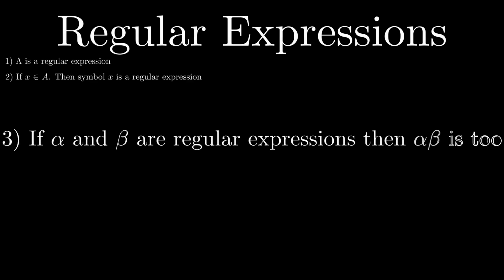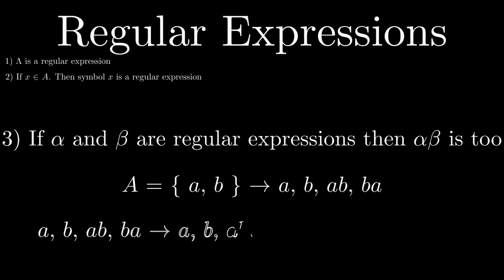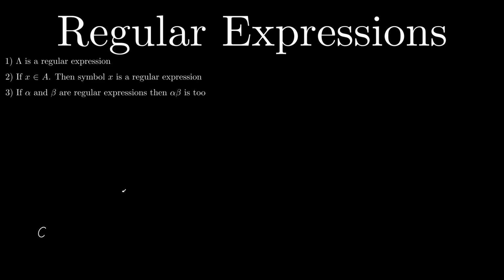Third, if we have 2 regular expressions, their concatenation is also a regular expression. So our alphabet of A and B can define AB or BA by combining our symbols. AB and BA are also regular expressions, so they too can be combined with other regular expressions, including each other. This can continue to any arbitrary length.